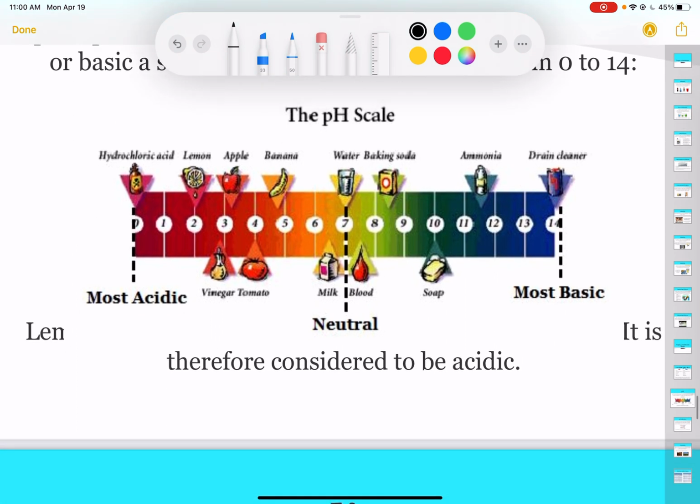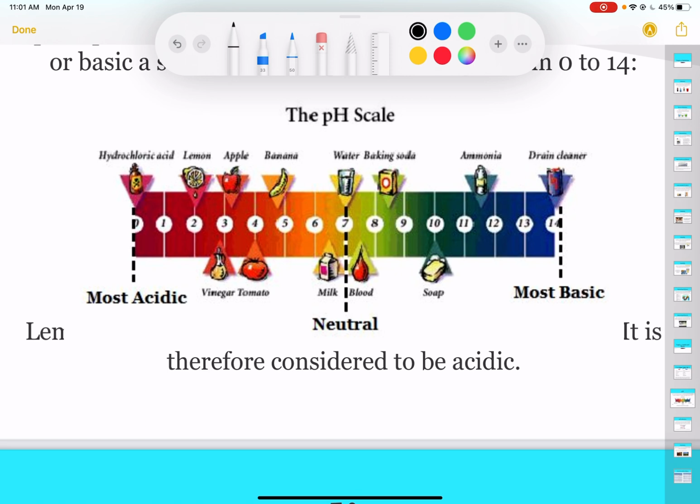Here's a good picture of what some of the things in our life would be on this scale. Hydrochloric acid is the most acidic acid we can have, at 0. When we look at things we can actually eat, we've got lemons at 2, vinegar between 2 and 3, apples between 3 and 4, tomatoes at 4, bananas at 5. So there are lots of things in the acid area that we can actually consume.